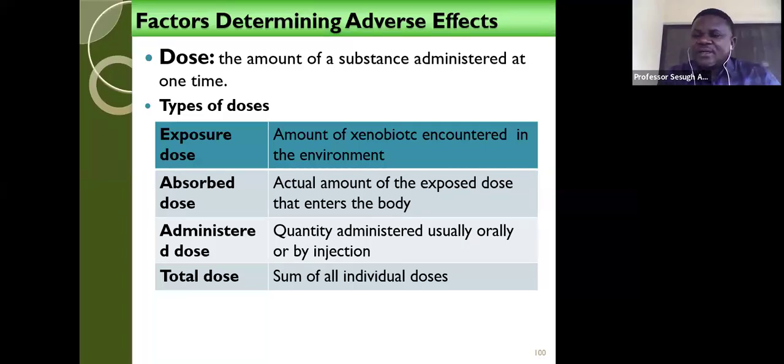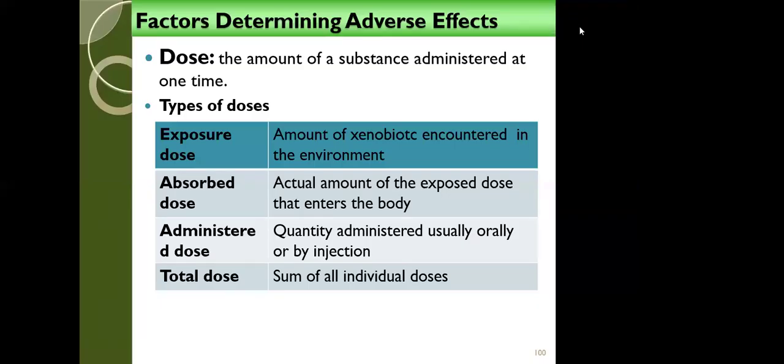Hello? How can you measure total dose? Hello? Yes, George. Hello, yes, sir. George, go ahead.